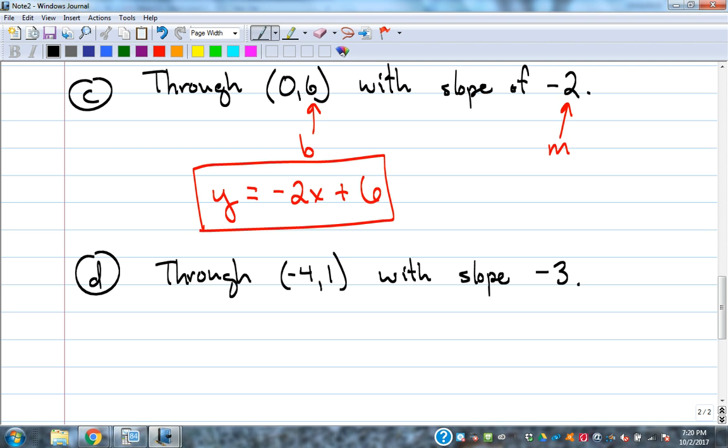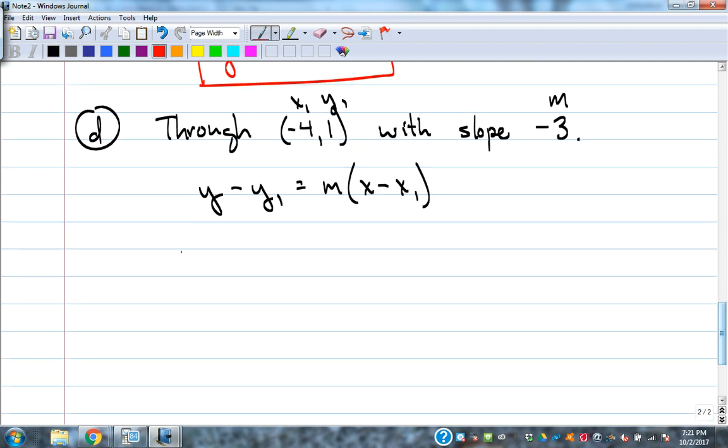Okay, so I'm going to try to start with point slope form because I have a point and I have a slope. Those are the two things I need for point slope form. And that would be y minus y1 equals m times x minus x1. Again, this is m, this is x1, this is y1. That's what those things are. We're just going to plug them in the place of those pieces.